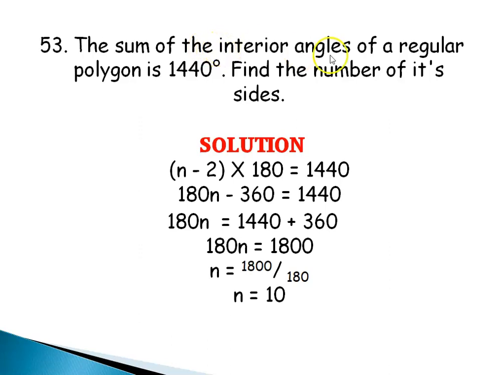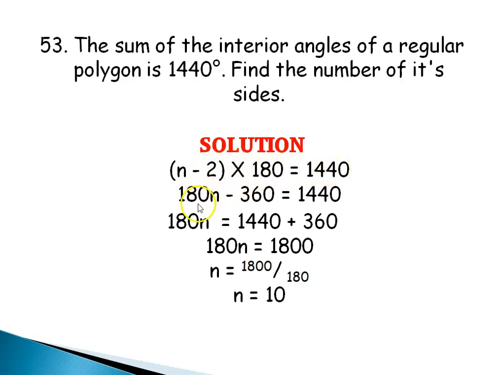Question 53. The sum of the interior angles of a regular polygon is 1440 degrees. Find the number of its sides. So the formula for finding the sum of interior angles of a polygon is n minus 2 times 180. But this time around we know the sum. So n minus 2 times 180 degrees is 1440.